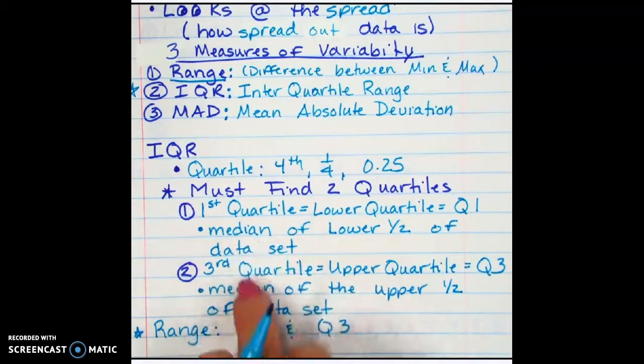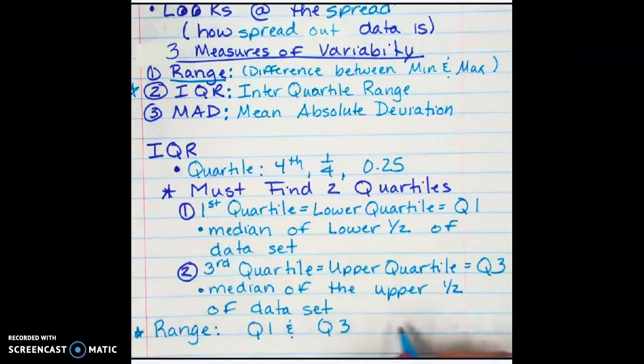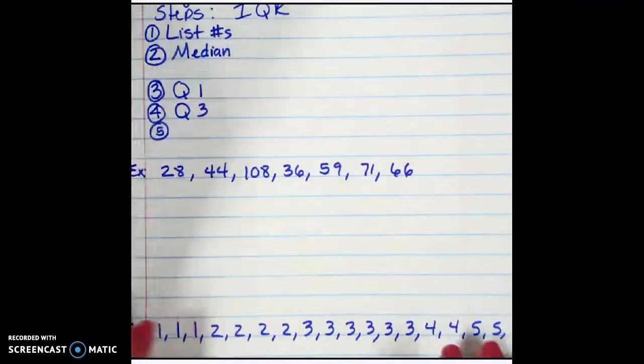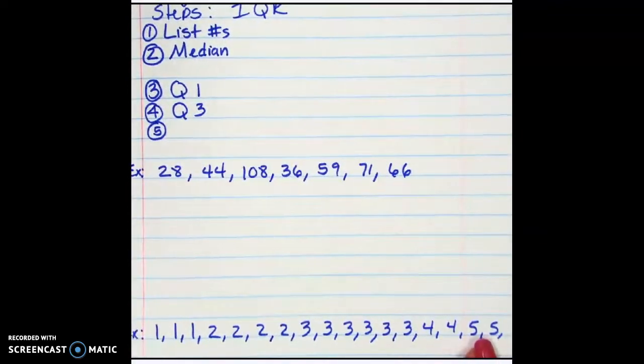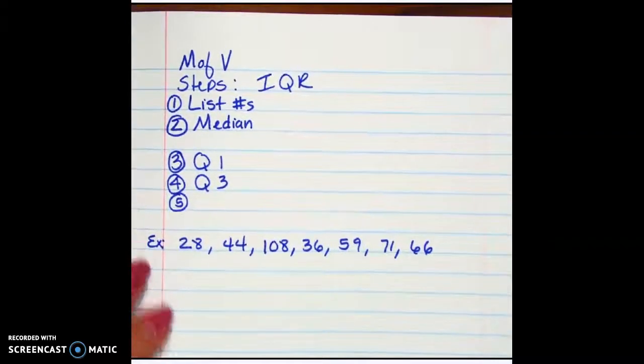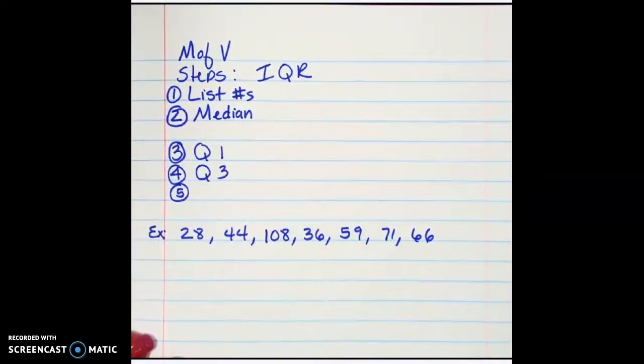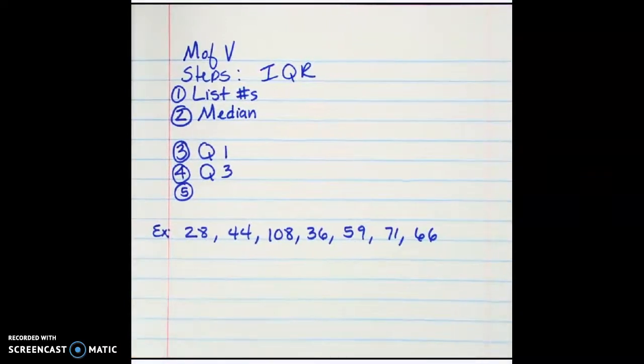So if I have these two, then I can find my range, which is my interquartile range. Now we're going to go through this and we're going to practice this. So let's take a look at the next page. So that was all the background information, which is extensive.